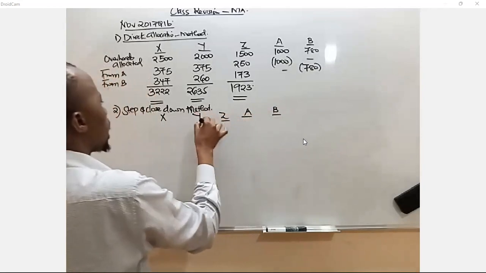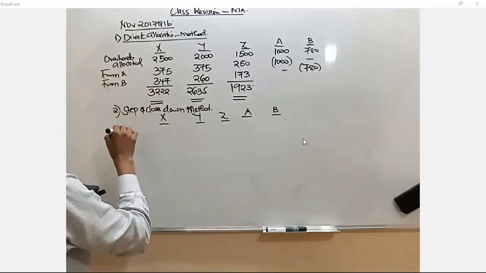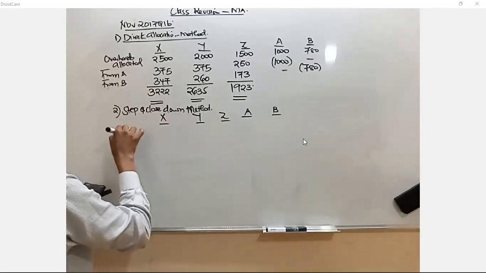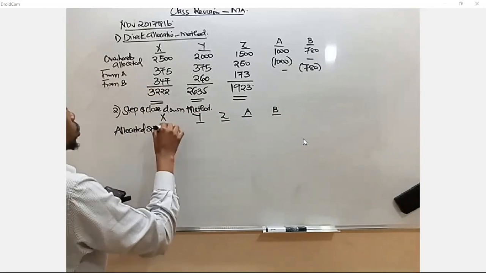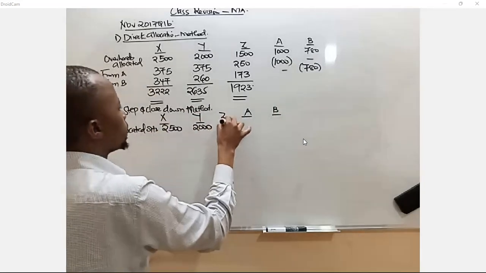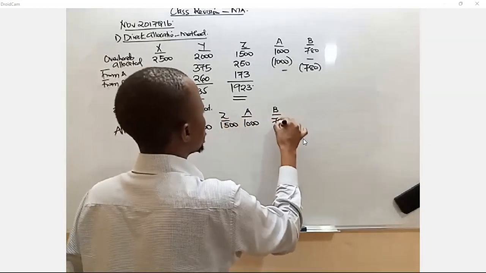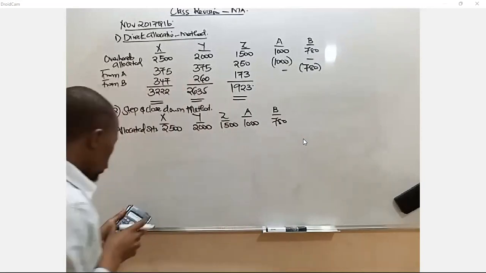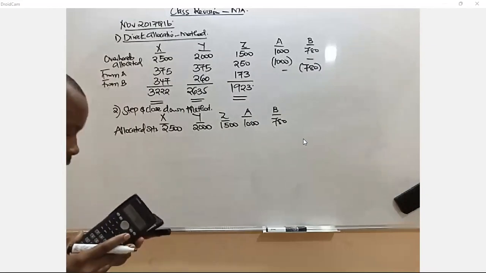So which one is allocating first? We look at additional information number 1. Let us first look at the allocated overheads: 2,500, 2,000, 1,500, 1,000, and 780. Then when you look between A and B in additional information number 1, you ask yourself which service department is allocating the higher proportion.